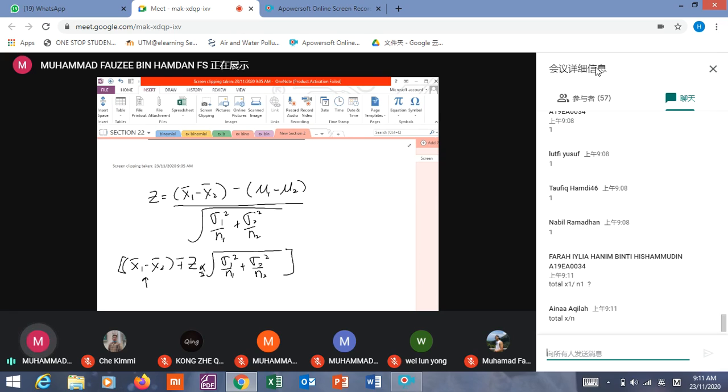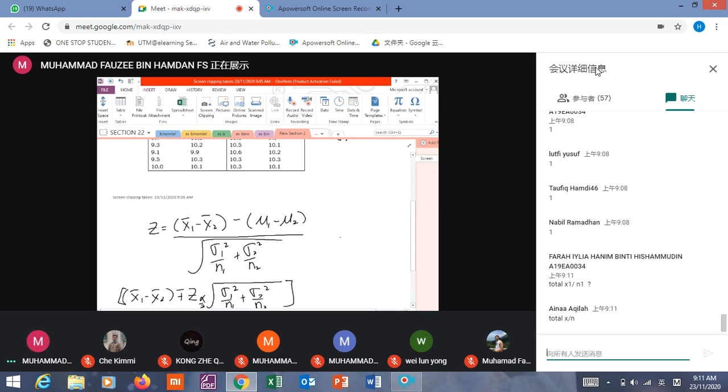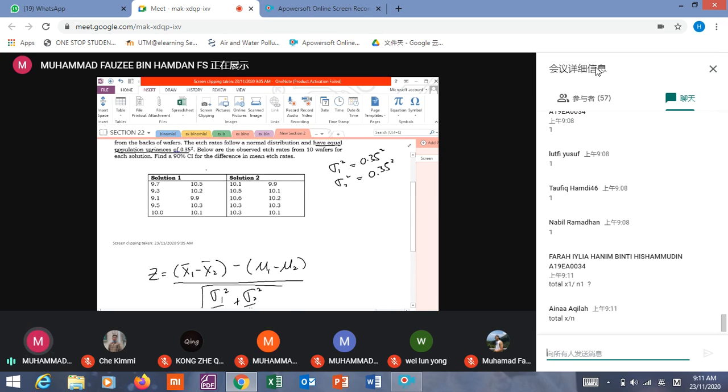Okay. So what is x bar? X bar is actually a mean. So how do we calculate the mean? Just add all these values and then divide by the size of the sample. But there is another method that I want you to know.